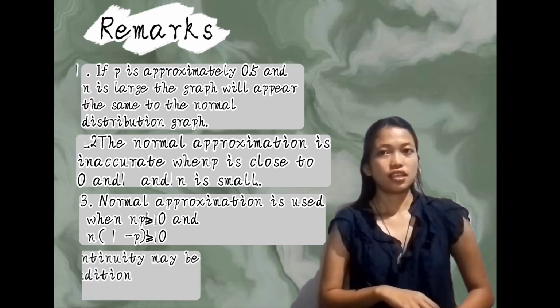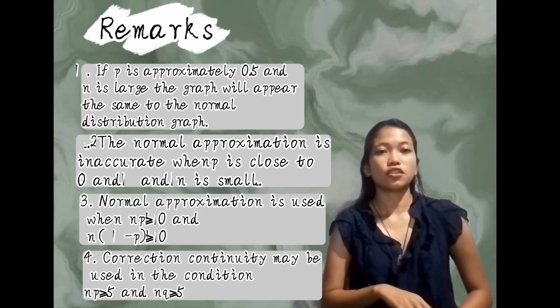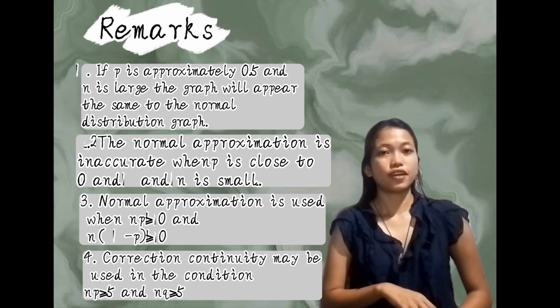In addition, the continuity correction may be used in the normal approximation on condition that np is greater than or equal to 5 and nq is greater than or equal to 5. The continuity correction is a correction employed when a continuous distribution is used to approximate a discrete distribution.